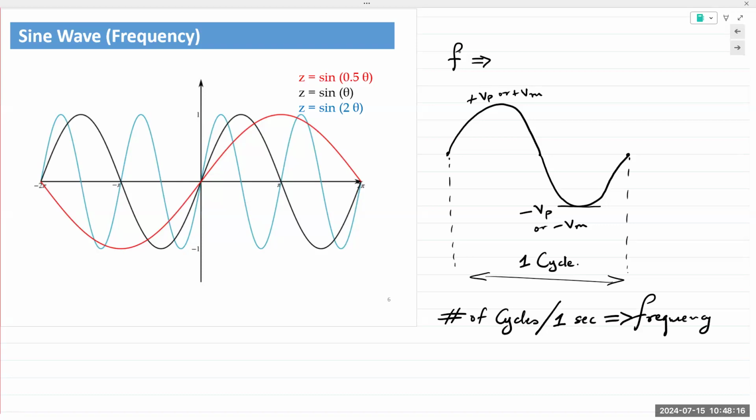At some point, that waveform has a value of 0, goes up, comes back to 0, goes negative, comes back up to 0. 60 times in 1 second, well, actually 120 times in 1 second, the waveform has a value of 0.